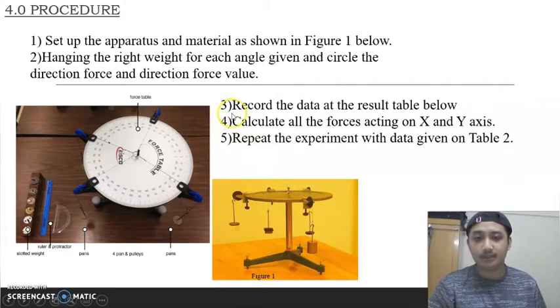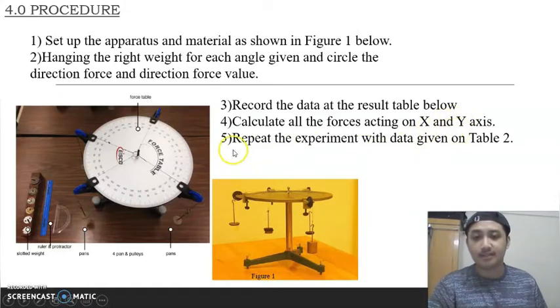Number 3 is to record the data in the result table below. This will be in the result table that I will show you later. This records the data from the experiment. Number 4 is to calculate all the forces acting on the X and Y axis. From the result table that we gather, we can calculate the forces acting on the X and Y axis.